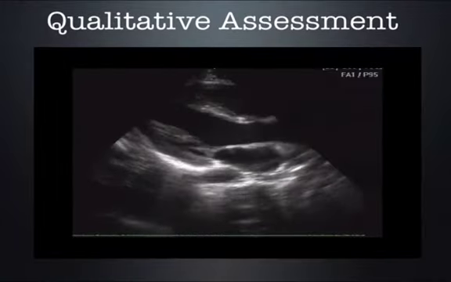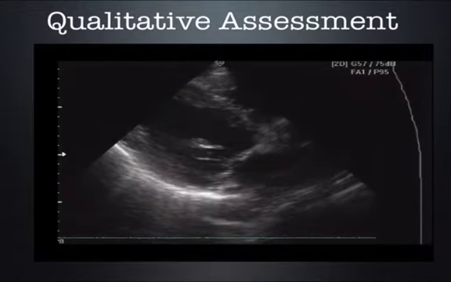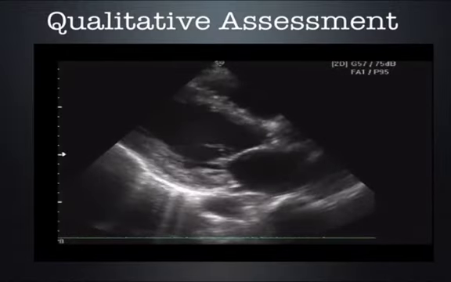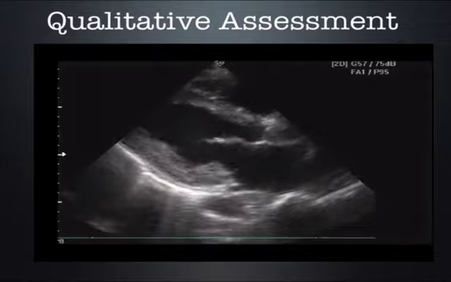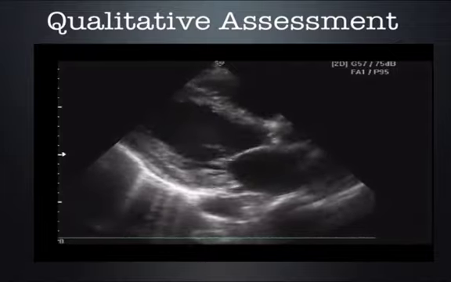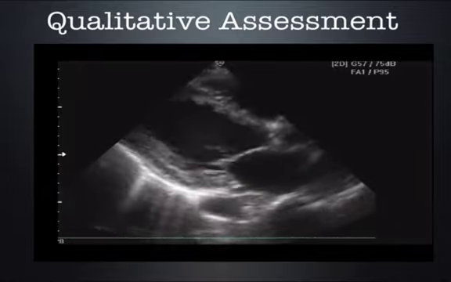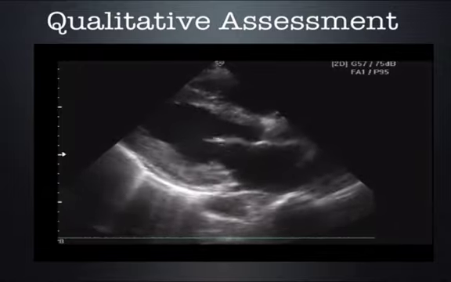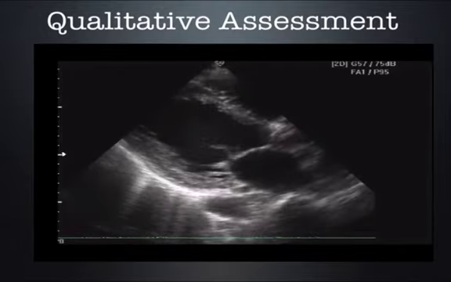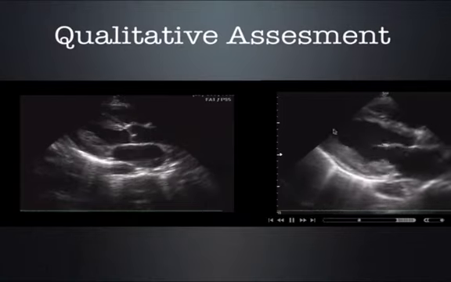So let's compare this one, which we've already determined is a normal ejection fraction, to this one. You can see the difference between your end diastolic and end systolic volumes are a lot less than the normal ejection fraction. So I would classify this as a moderately to severely depressed ejection fraction. Here's normal. And here's your abnormal.